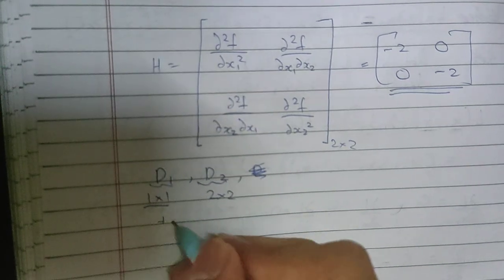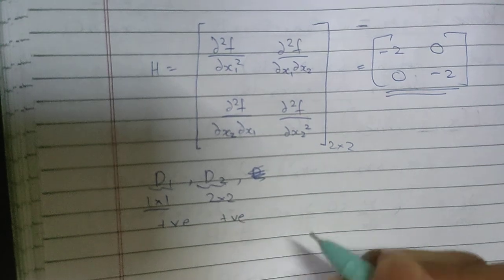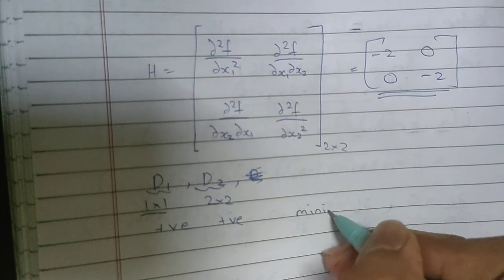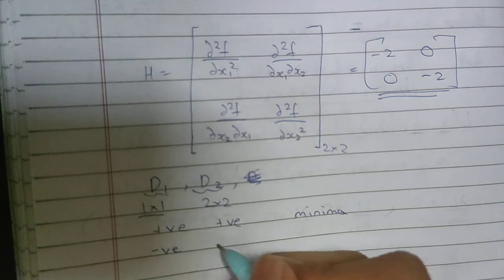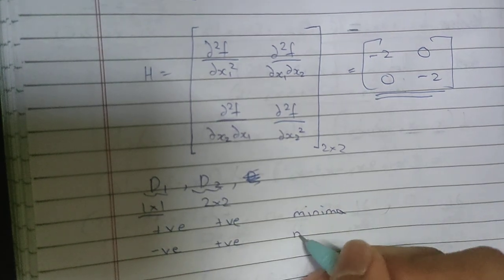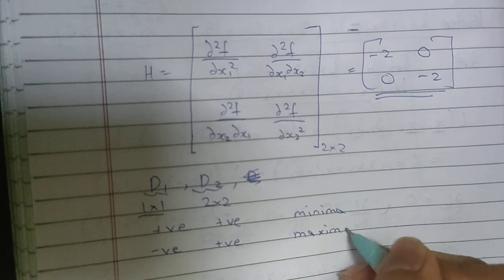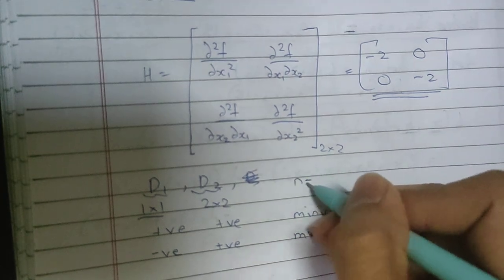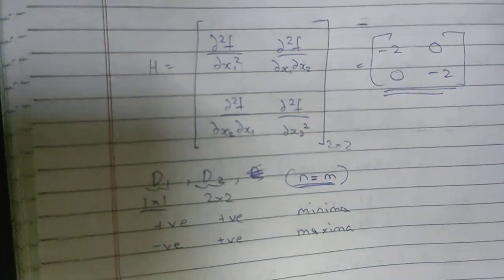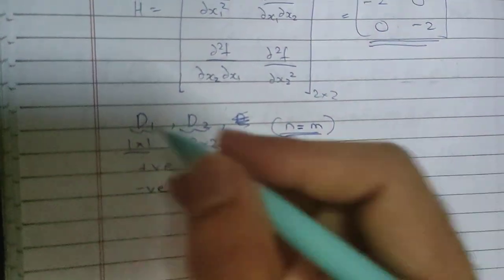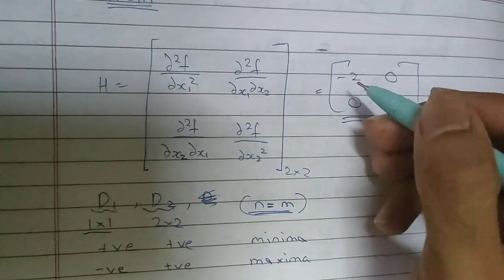If both of them are positive, then our point is a minima, okay. However, if the first one is negative and the second one is positive, then we'll have a maxima. This is for the condition when number of variables is equal to our number of constraints, okay. Only then it's valid. So now let's calculate our d1 and d2 values and see.